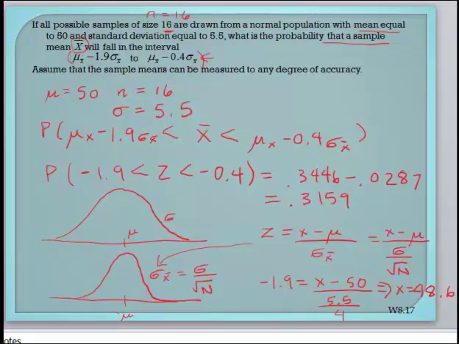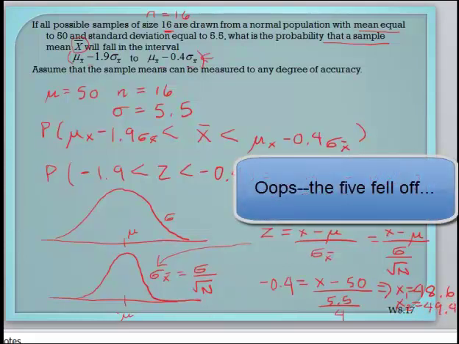Now let's figure out what's on this side, which is minus 0.4. We'll do this the fast and dirty way: erase the 1.9 and put in 0.4, and solve again for x2, which is the other side, and that becomes 49.45.